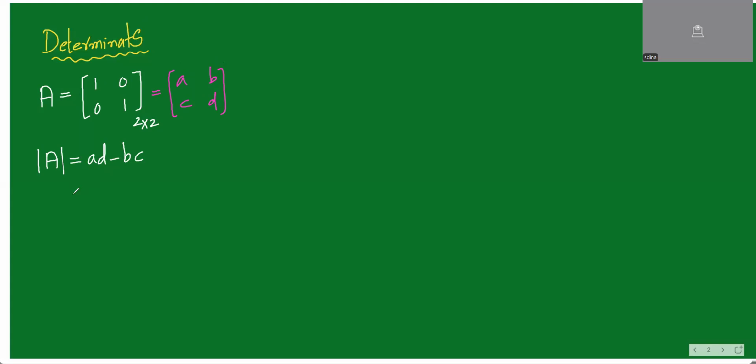A into D: A value is 1, D value is 1. 1 into 1 minus 0 into 0. Of course 0 only. So 1 minus 0 means nothing but 1 only.